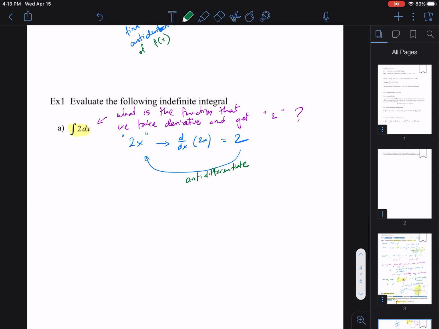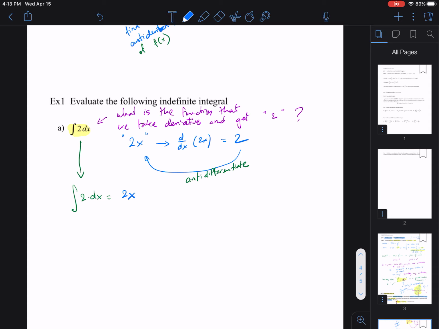So let me write this down. If we had the integral of 2 times dx, then the function we try to find the antiderivative of is 2. Well, we know that's 2x. So the answer is just 2x. But is it really just 2x, or is it 2x plus some constant? It turns out to be more than just 2x, because 2x is just one of the antiderivatives.